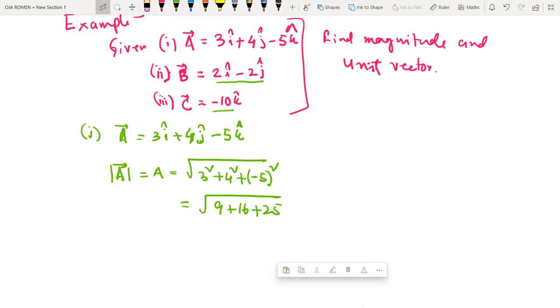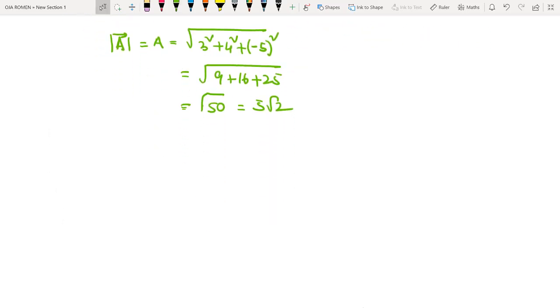So this is root over 50, that is 5 root 2.